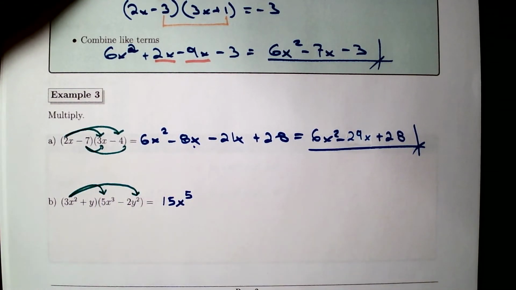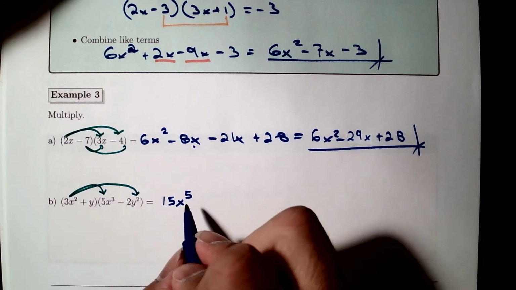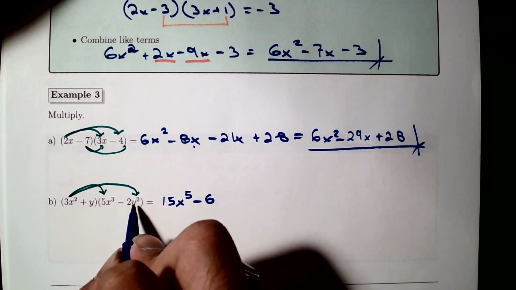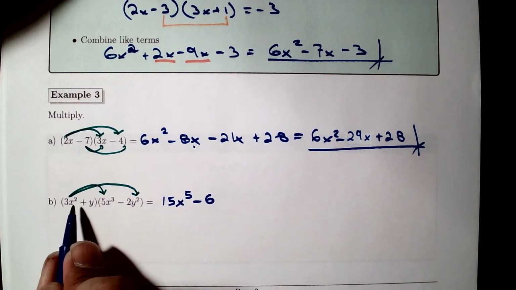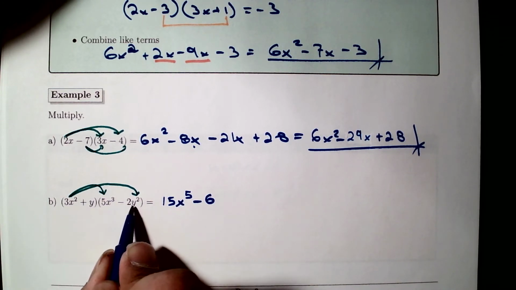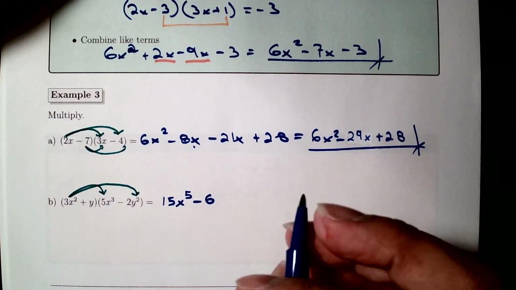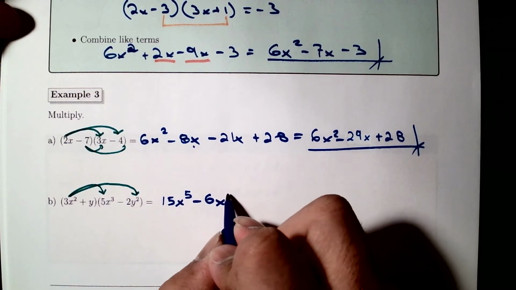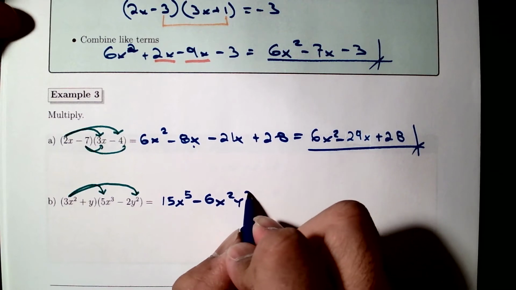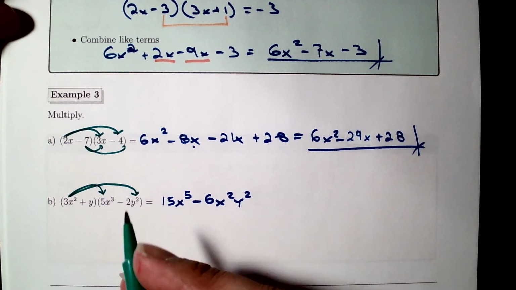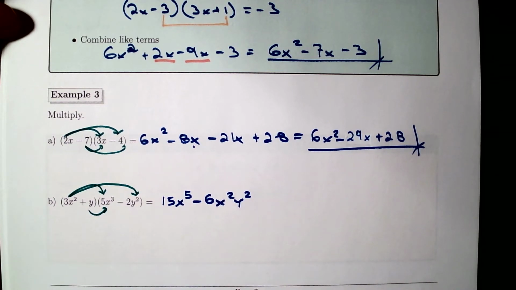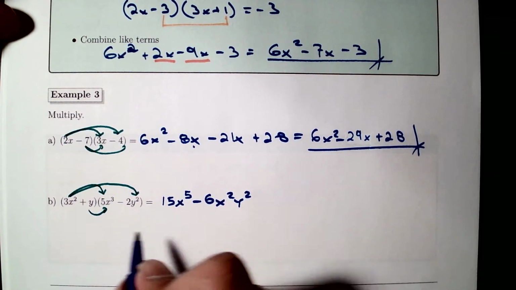Multiply the following here. 3 times negative 2, that's negative 6. x squared times y squared. Well, in this case, we have x and we have y, nothing to combine exponents with. So we just write x squared y squared. And then this is y times 5x cubed.